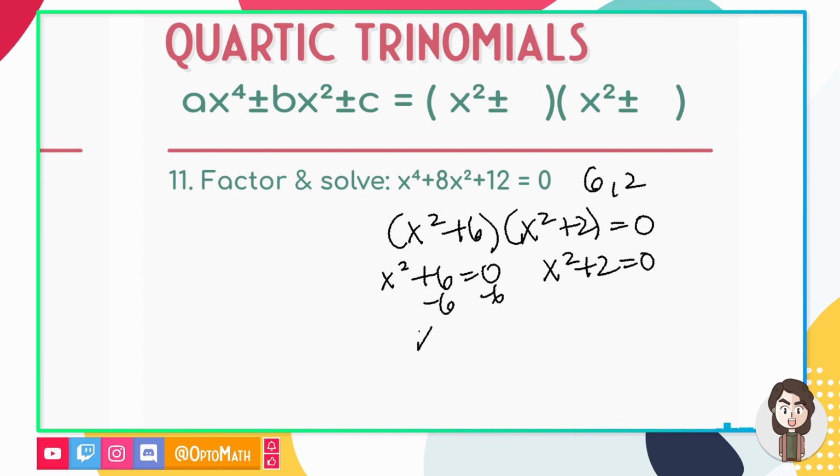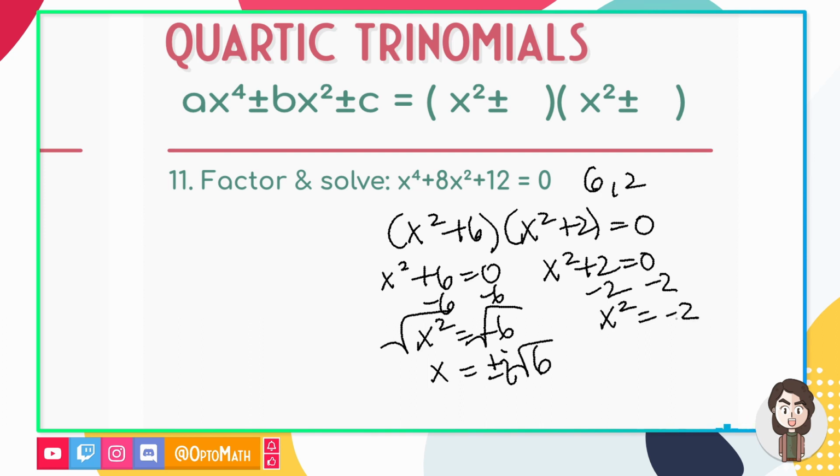So if we subtract 6 from both sides, take the square root of both sides. Notice you have the square root of a negative number. So you're going to have an i come out front, and the square root of 6 does not simplify. Very similarly over here, x is going to be equal to plus or minus i square root of 2. Here are our roots or solutions.